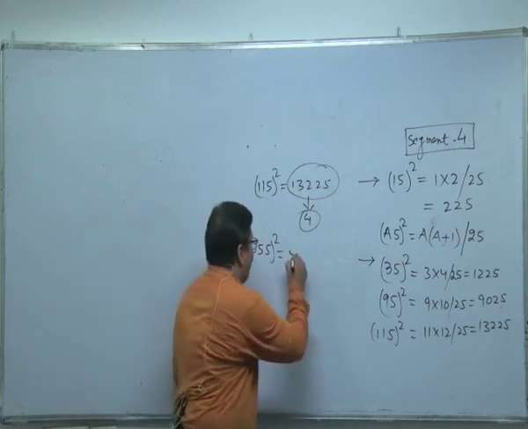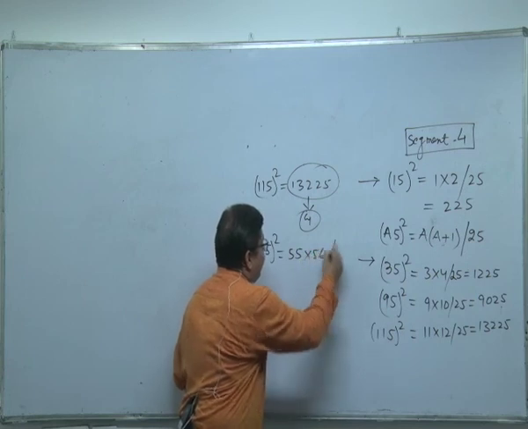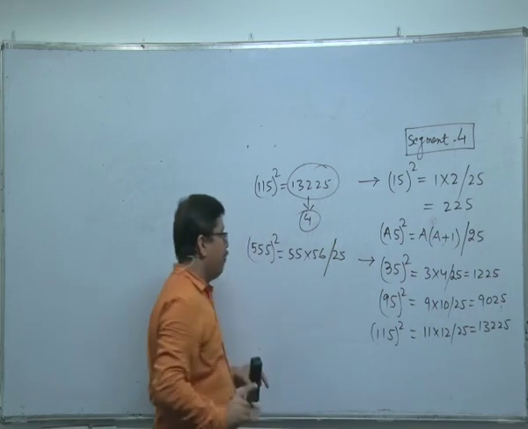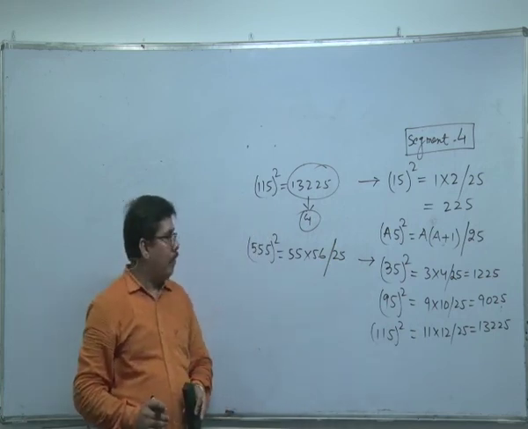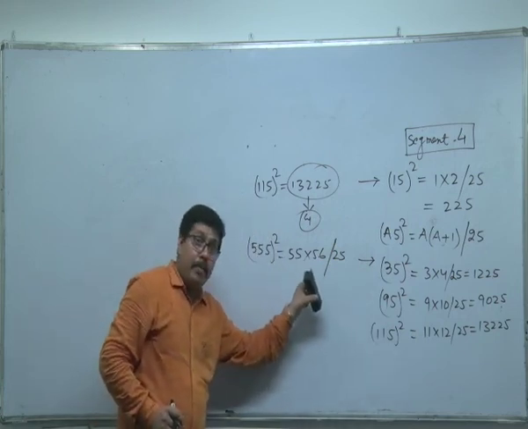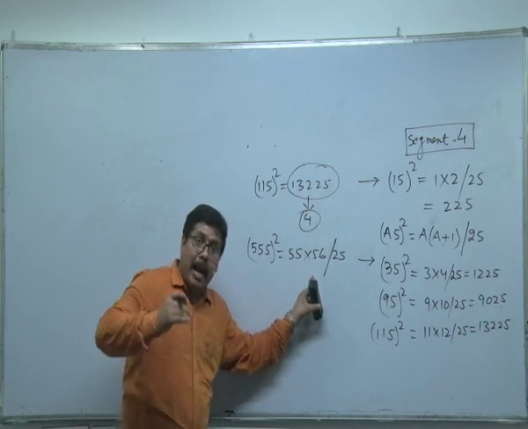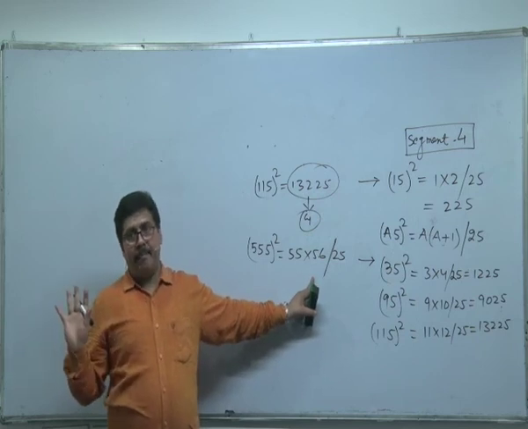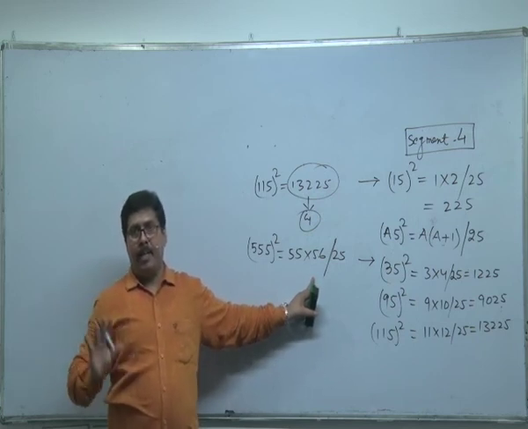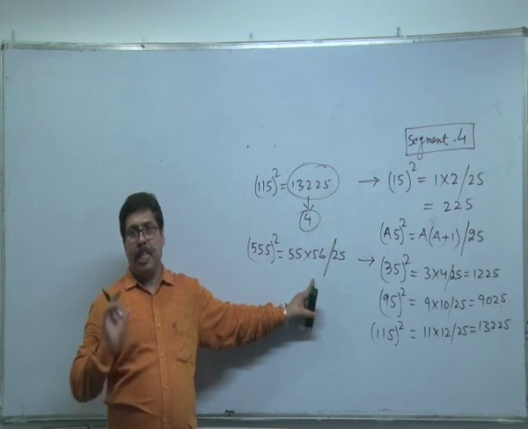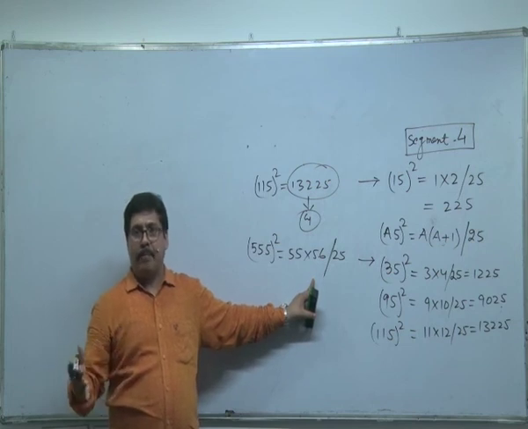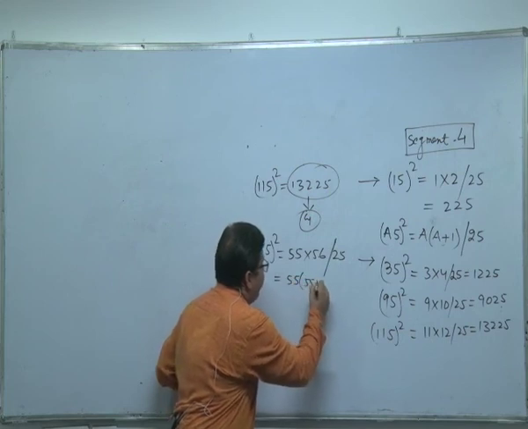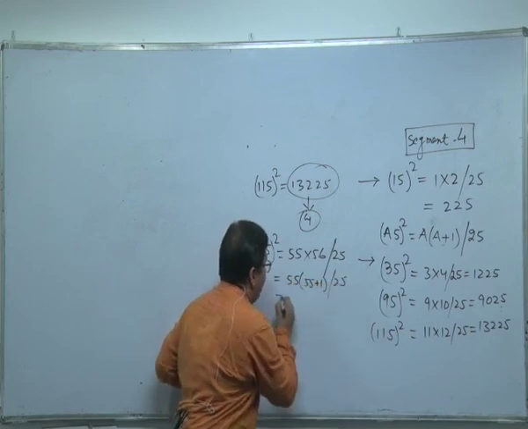So we are supposed to multiply 55 and 56. And the last 2 digits must be 25. Achha, 55 into 56 is actually 55 square plus 55, can I say? 55 into 55 plus 1 is 55 square plus 55. Can I write this as 55, 55 plus 1, then 25?